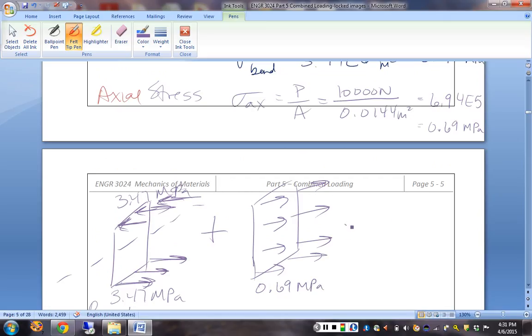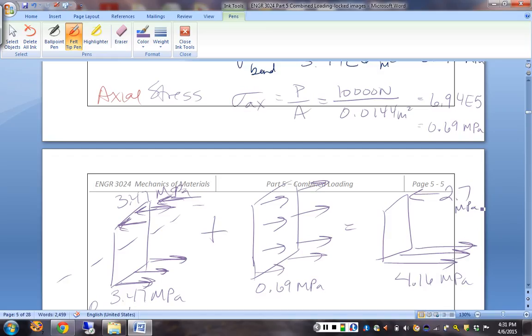But overall, you end up with what? You end up with 3.47 minus about 0.7, so about 2.7 compressive at the top, and 3.47 plus 0.7, or 4.16 at the bottom.